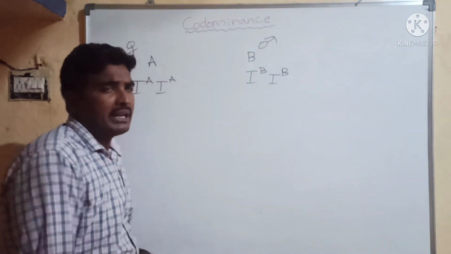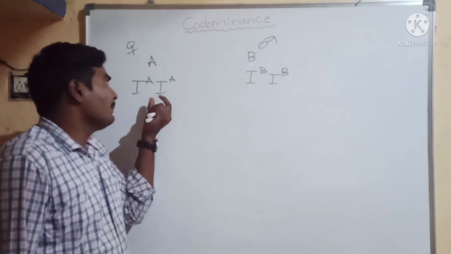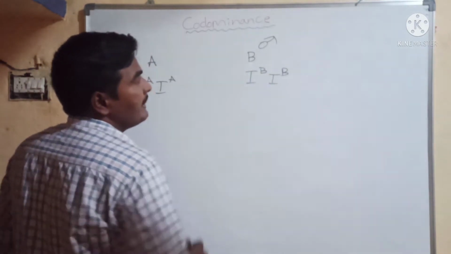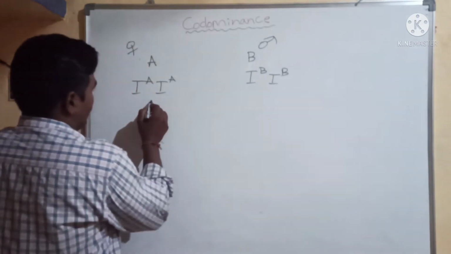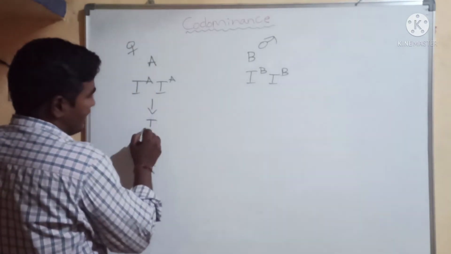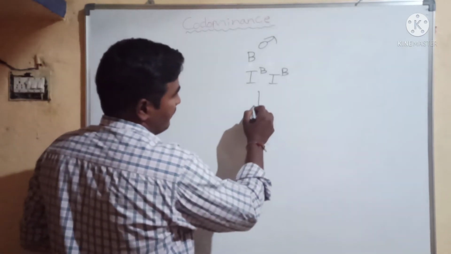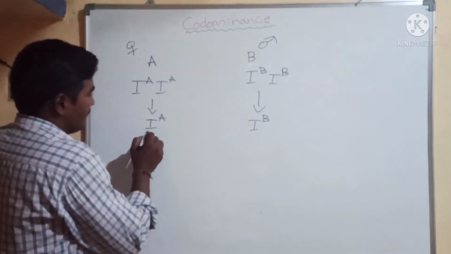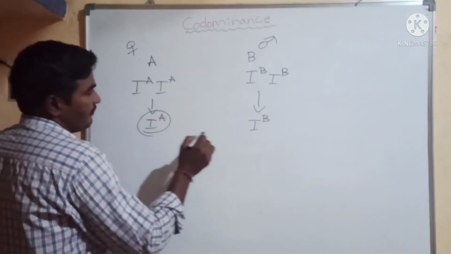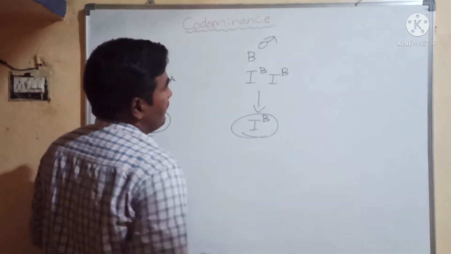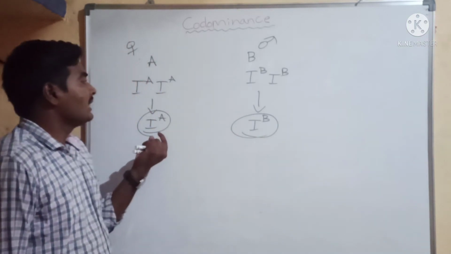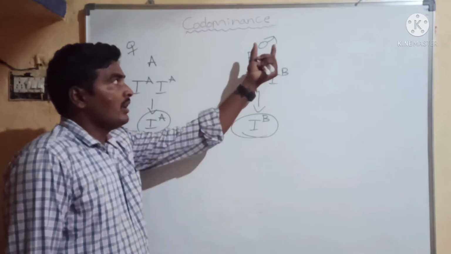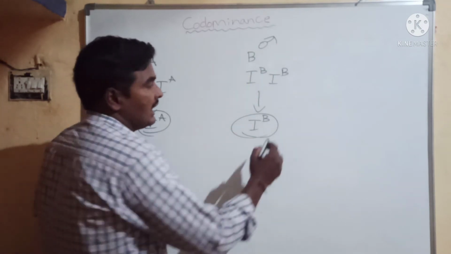During gamete formation, the female releases the gamete IA, which is the ovum, and the male releases the gamete IB, which is the sperm.